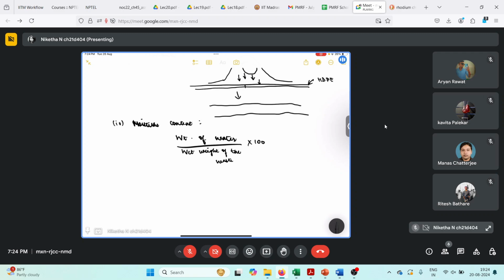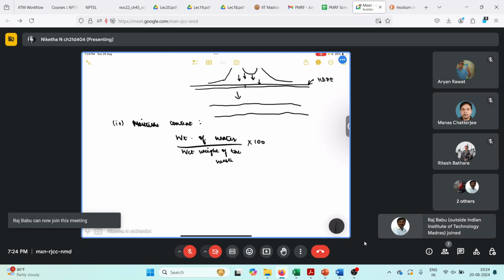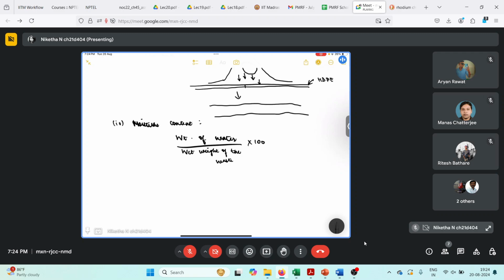So you won't calculate the dry weight. There are two ways in which moisture content can be measured, one considering the wet waste and the other considering the dry waste. But here we are calculating using wet weight only.